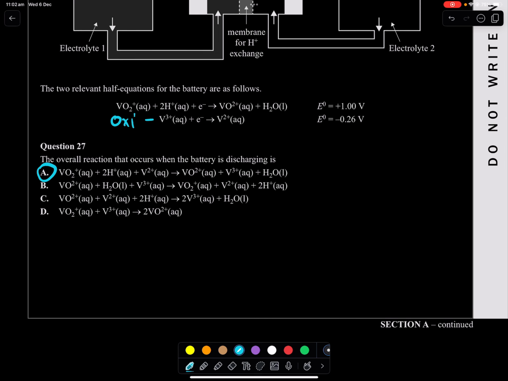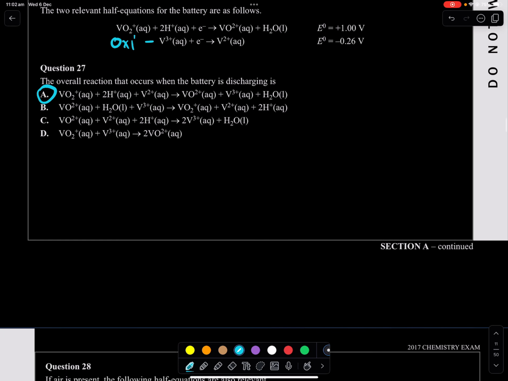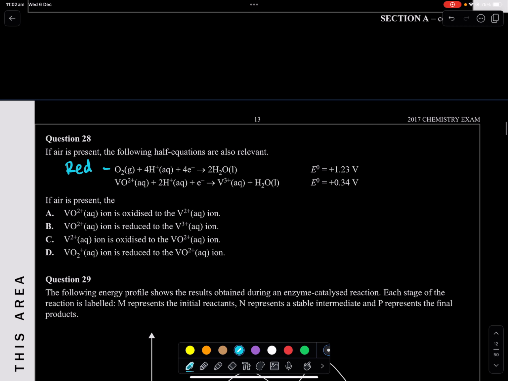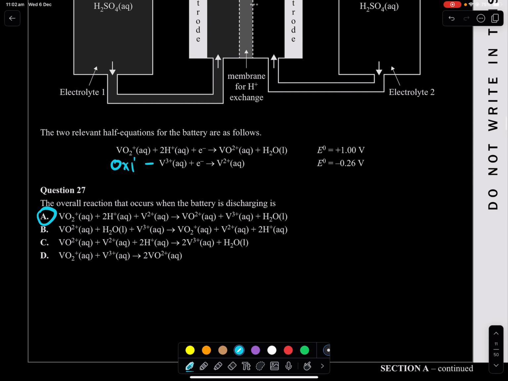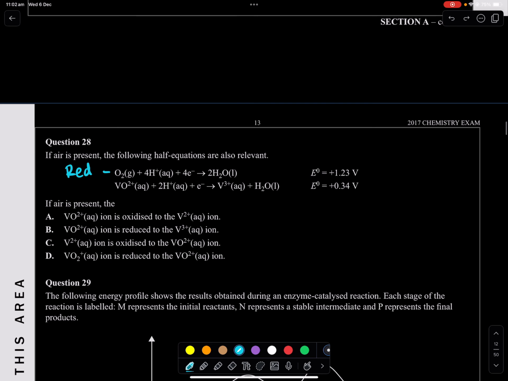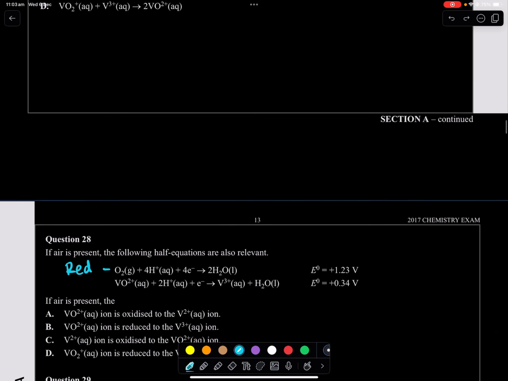So because we're talking about oxidation, the first one says VO2 plus ion is oxidized to V2 plus. No, so which one goes for oxidation? This one. V2 plus aqueous goes to V3 plus aqueous. That's the one that goes for oxidation. Let's see which one looks like that. So V2 plus ion is oxidized to VO2 plus. What's that VO2 plus?